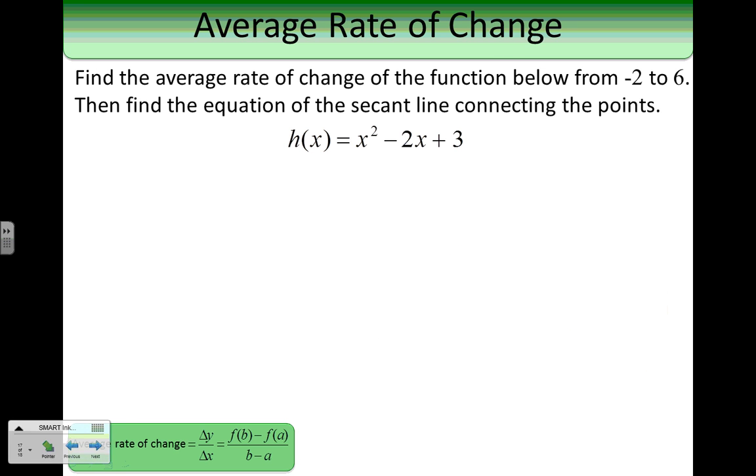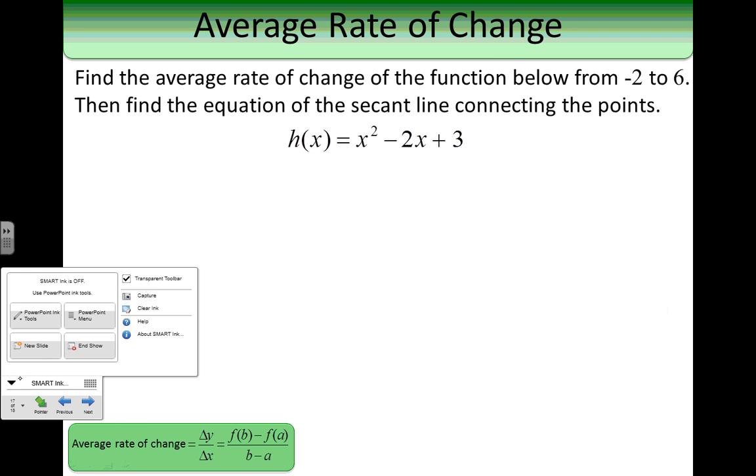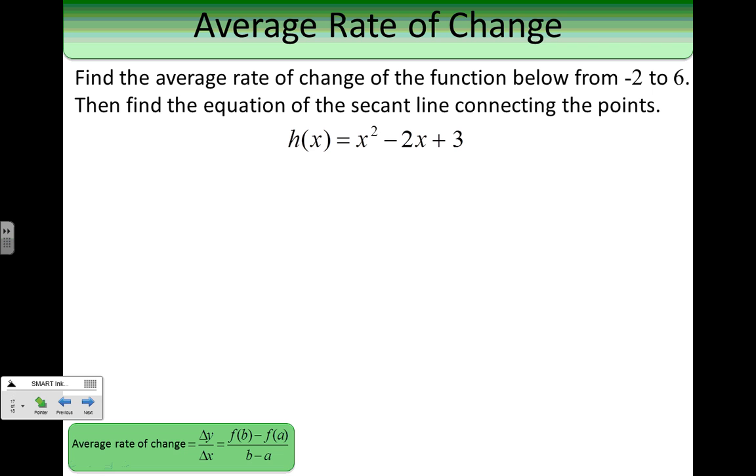Okay, so if you're not given a graph, again, we're trying to find the average rate of change of the function from -2 to 6. What that is telling me is that my x values are -2 and 6.